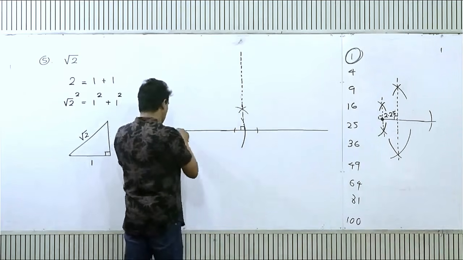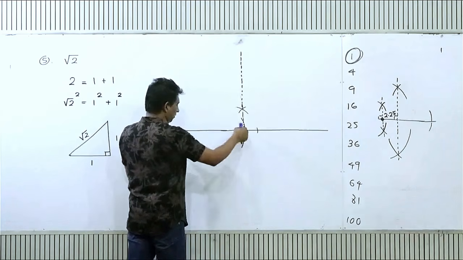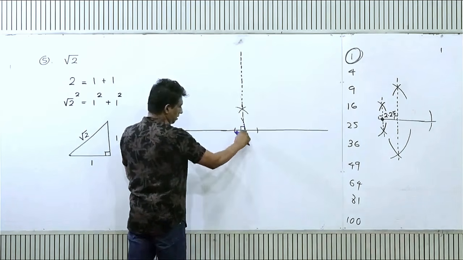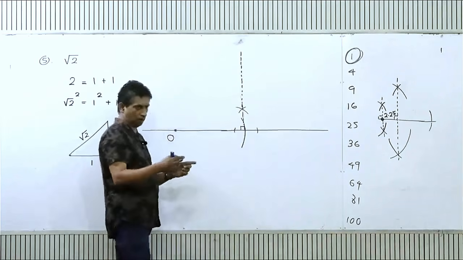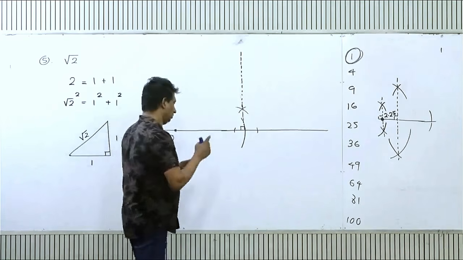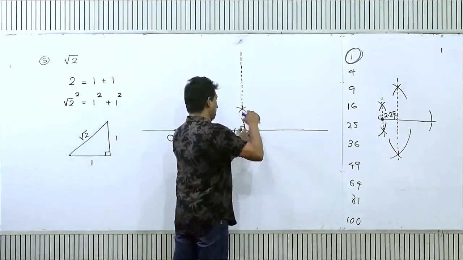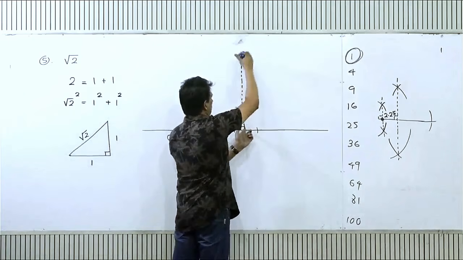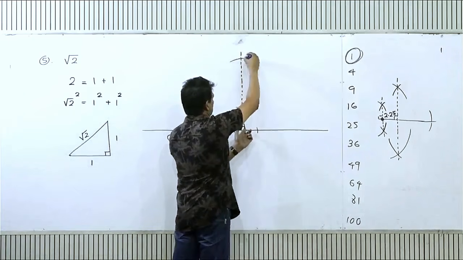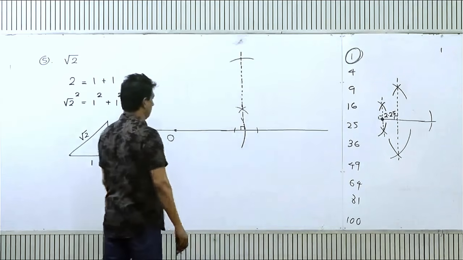Now we have to put one end of the compass here and take the pencil tip here. Now we have to take this distance on the compass again. Now without changing the distance we have to put the compass end here and draw an arc here to intersect this perpendicular.